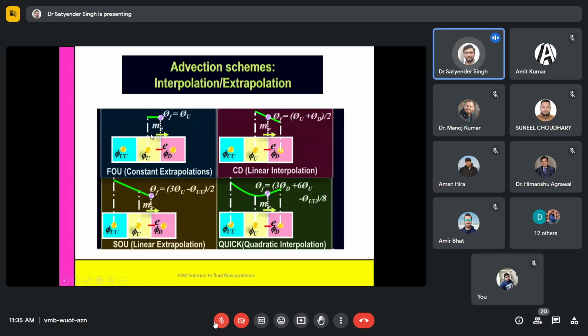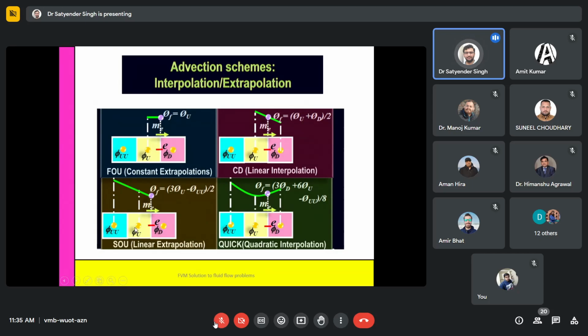Let's say fluid is flowing from left to right, and we are interested to calculate a value at this particular location, which is a flux location. So we will assign 100% weightage to the previous cell center location. So 100% weightage has been given to this one, and a flux will be calculated here, which will later be involved in the solution of the unsteady form and give you an updated value at the cell center.